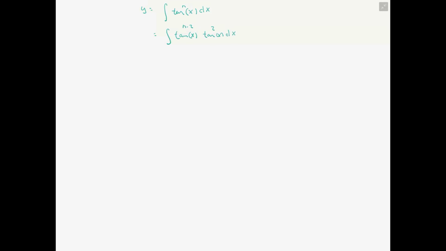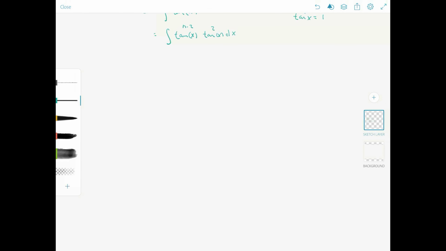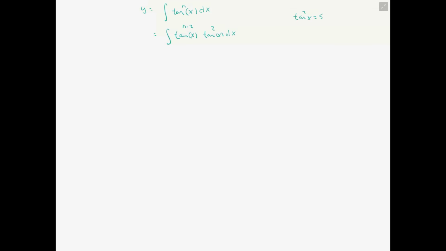Okay? So in order to do this, we can split this out using the law of exponents. We can say tangent x to the n minus 2 tangent squared x dx.